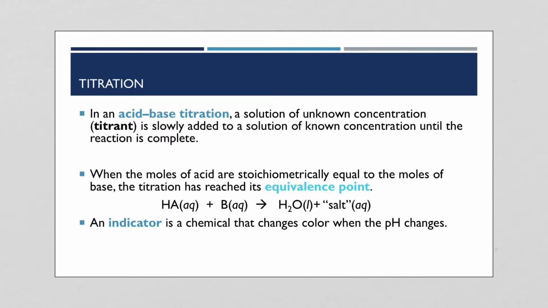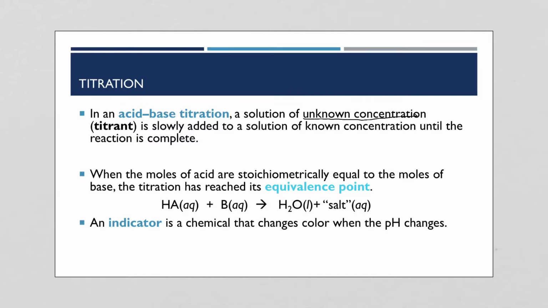In an acid-base titration, you have some solution, either the acid or base, of unknown concentration, and you have a solution of known concentration, and you're going to add these together until you reach the end of the reaction, right? And so we'll talk about ways that we can monitor this.